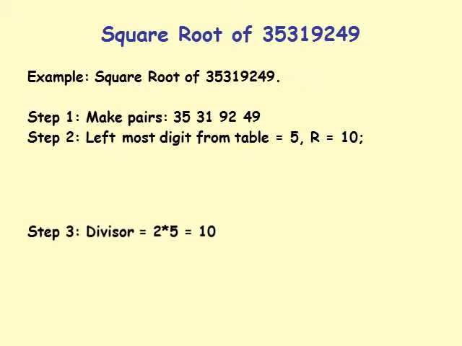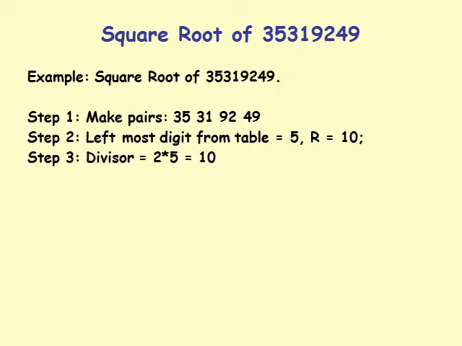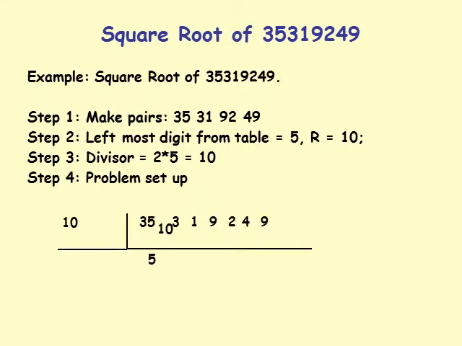Let's continue here. The divisor would be 2 times this 5. 2 times 5 equals 10. That is our divisor. We would be dividing by 10. Now let's set up the problem for division here. The problem is 35. From that we got 5 here.